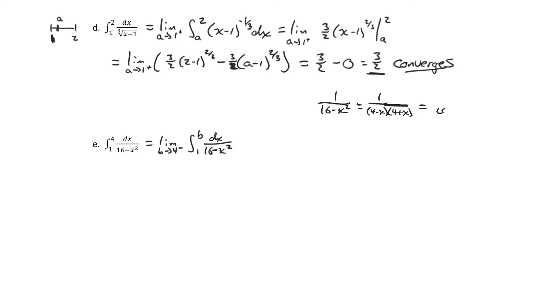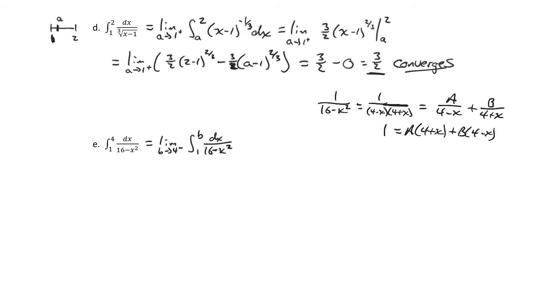Each of those is a linear factor. 4 minus x is linear, as is 4 plus x. So the numerators could be at most a constant. They cannot be linear. When you multiply both sides by the common denominator of 4 minus x times 4 plus x, we'll get 1 equals a times 4 plus x plus b times 4 minus x.